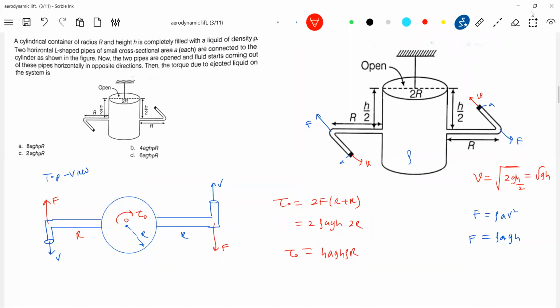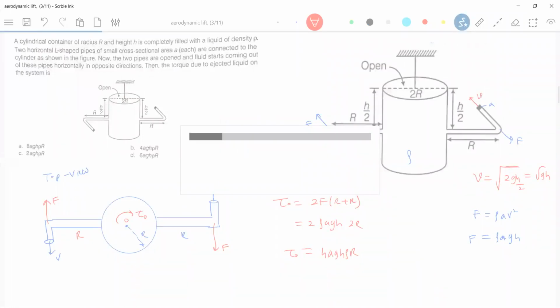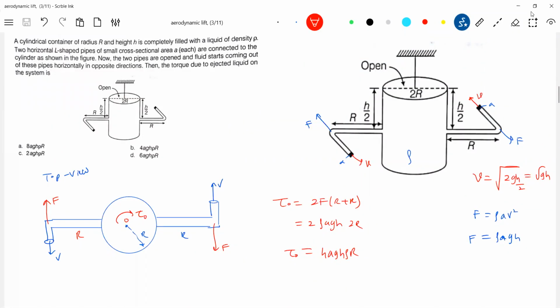So like this, the emerging liquid will also exert a torque. Simple things. So what will happen to it? It will start spinning, it will start rotating.